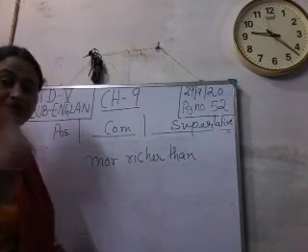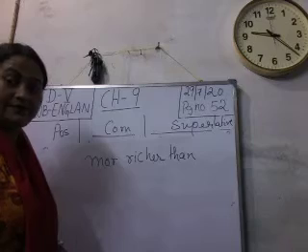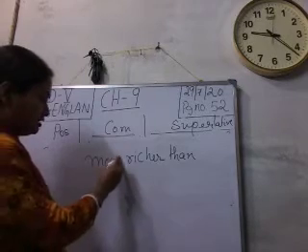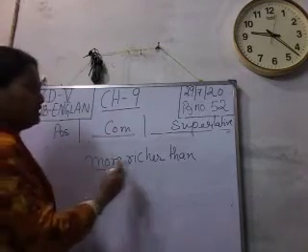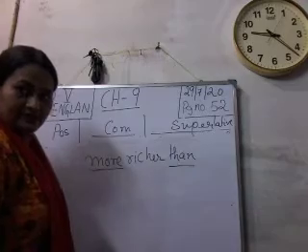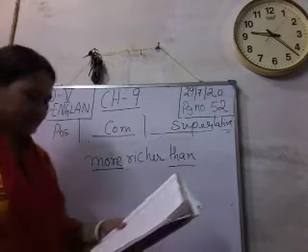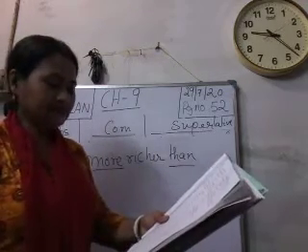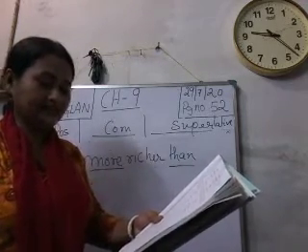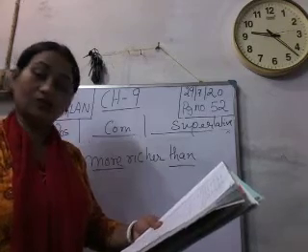So here we have used the comparative form two times, once more, again than. In the second sentence, Ramlal is the most oldest man in the village. He is the most oldest.